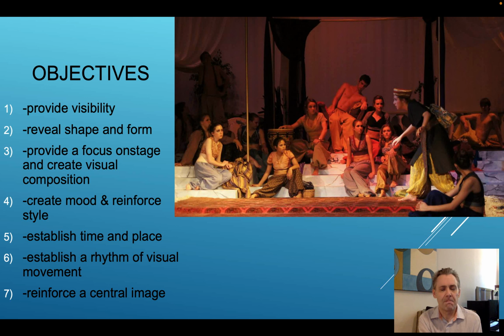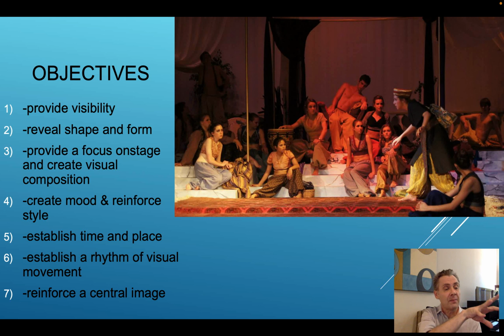Okay? Fourth, it creates mood and reinforces style. Color choice, shadows, intensity, all of that helps to create mood, helps to look at style. Of course, time and place are important. They establish a rhythm of visual movement, so perhaps as performers move across stage, light follows them.